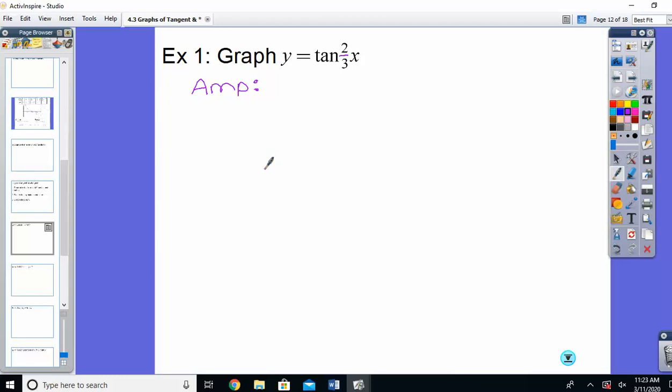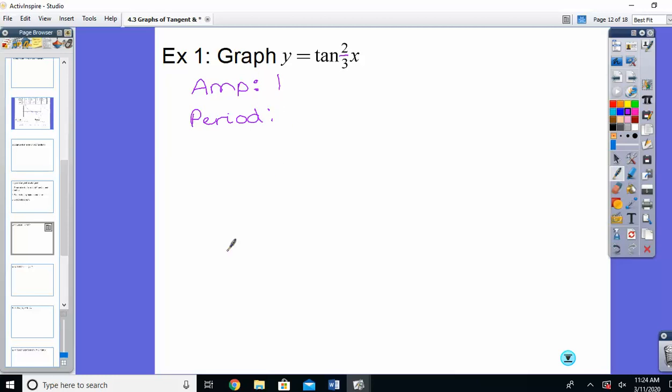So the amplitude, just like before, amplitude is your coefficient of the trig function. So this is just a 1. Period is going to be a little bit different for tangent and cotangent.